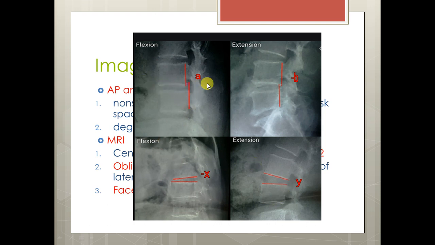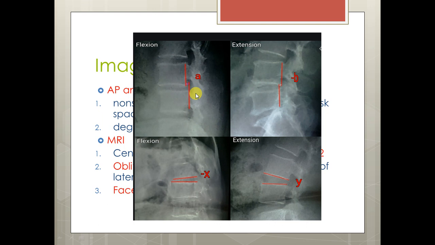But anyway, if you find any translation, you can consider it instability, or angulation at the level of the disc space. So you have to put a screw with the fusion. If there is none, you can think that you may not do screwing.